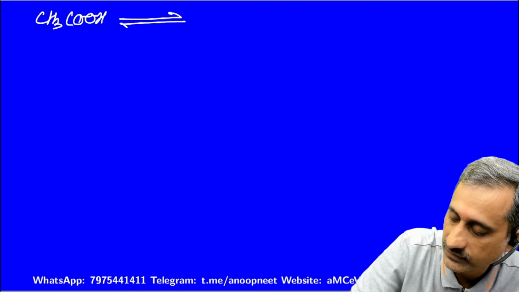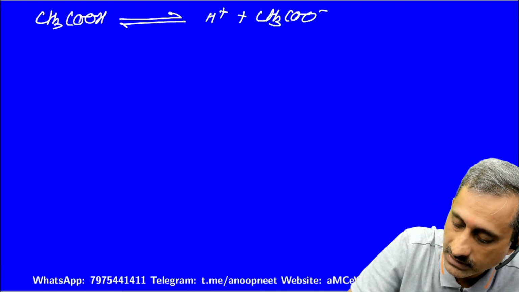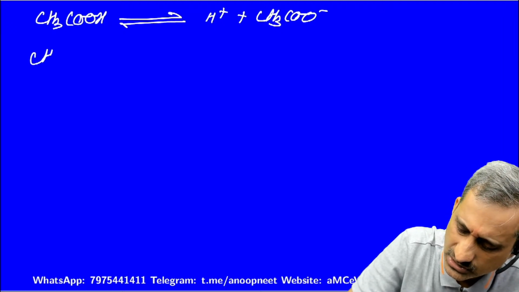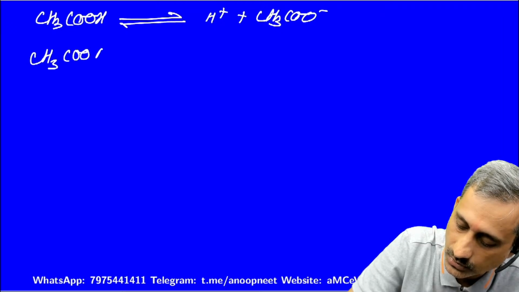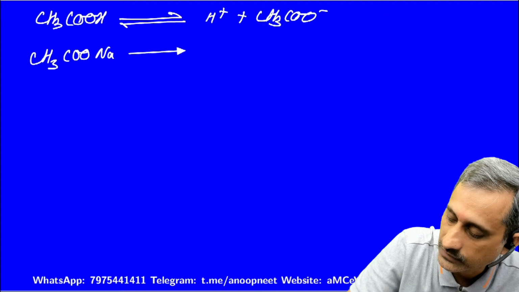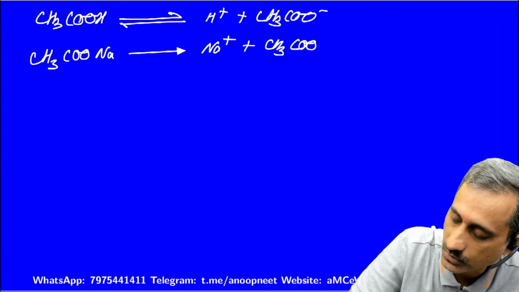It's in equilibrium with H plus plus CH3COO minus. ठीक है, इसमें हमने डाल दिया, चलो CH3COONa लिख देते हैं. This dissociates to give Na plus plus CH3COO minus.